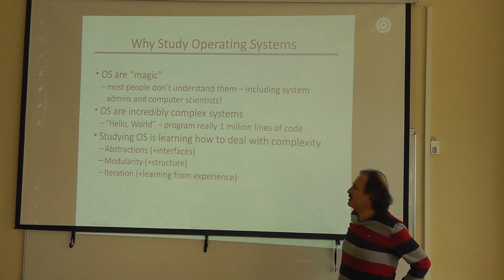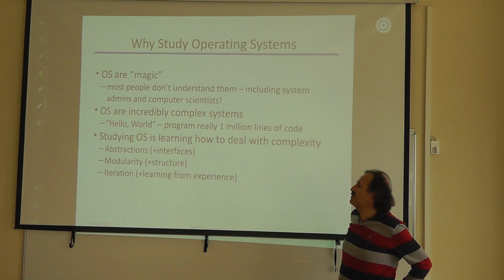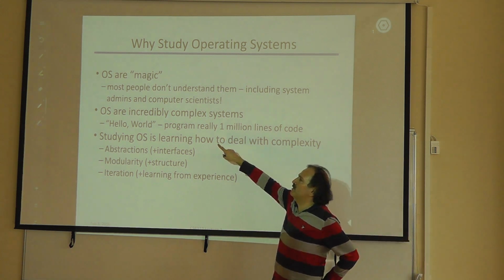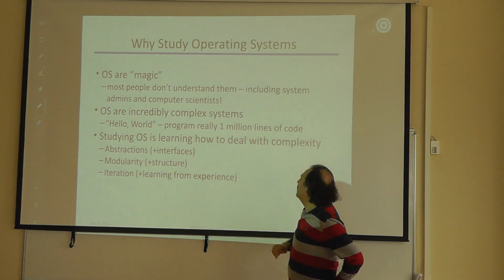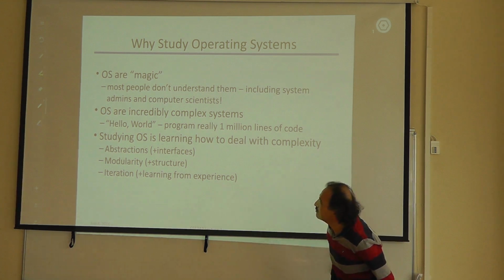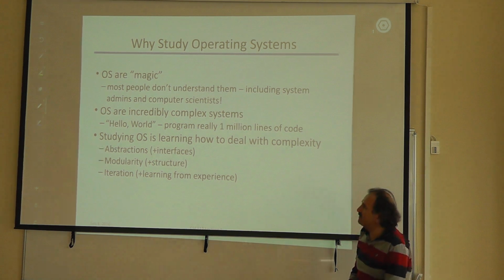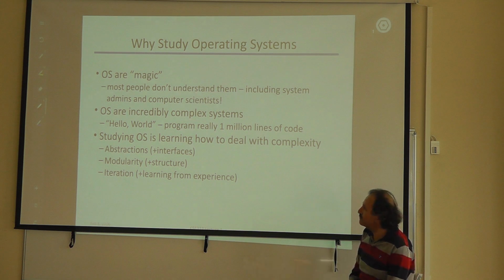Hello World uses the console and the keyboard, the screen drivers or the video drivers and the keyboard drivers and the memory management, uses all kinds of stuff. They have lots of lines of code. So Hello World in this simple form has 1 million lines of code underneath, if you consider all of the supporting programs and operating systems. That's why we say that they are not that easy to understand and to grasp.